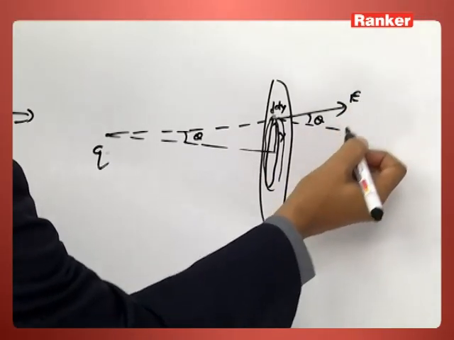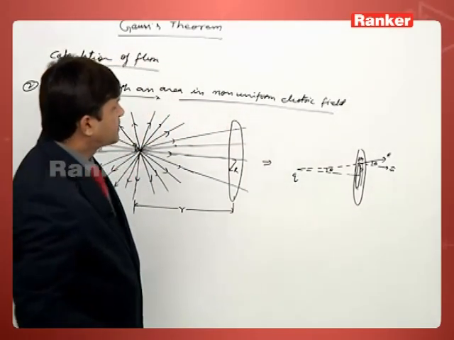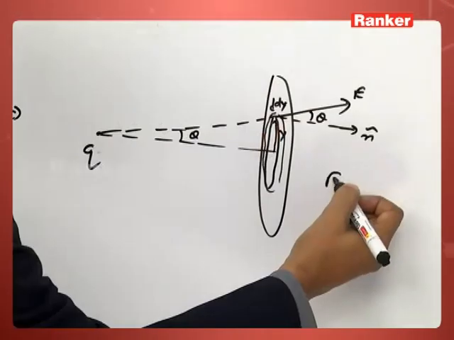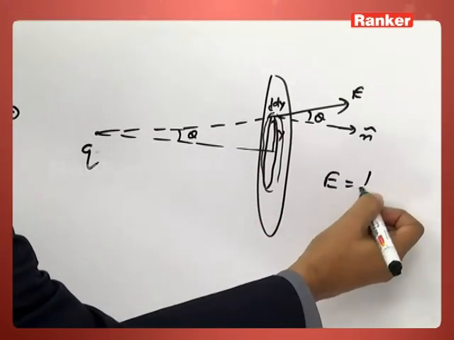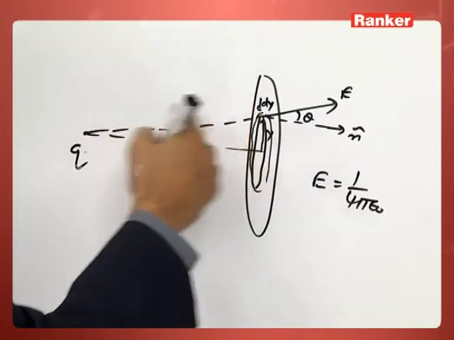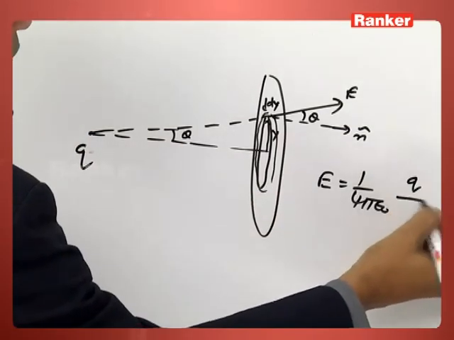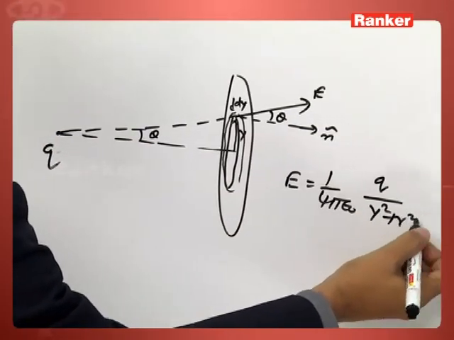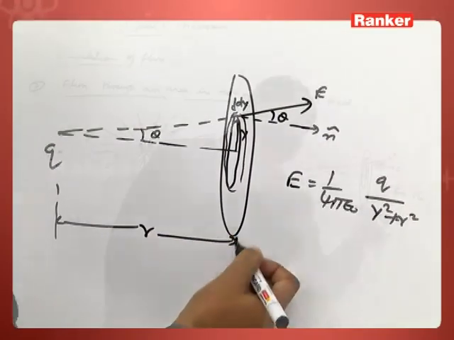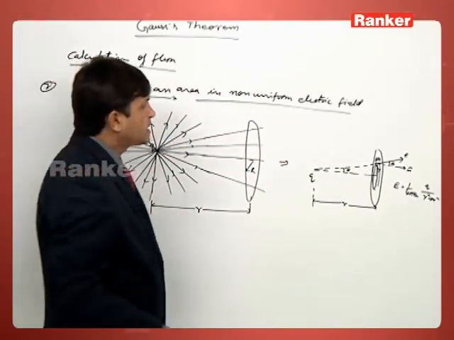Electric field is in this direction, area vector is in this direction. The angle between electric field and area vector here is theta. So first of all, what is the field value here? E is equal to 1 by 4 pi epsilon naught, q is the charge, and this distance is y square plus r square, so q by y square plus r square, where small r is the distance from the point charge to the center of the ring. So this is the electric field.